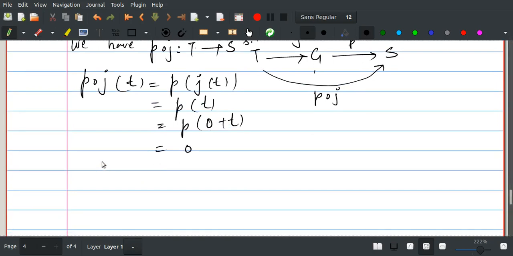So P of J behaves as a 0 map. Similarly, Q of I behaves as a 0 map.